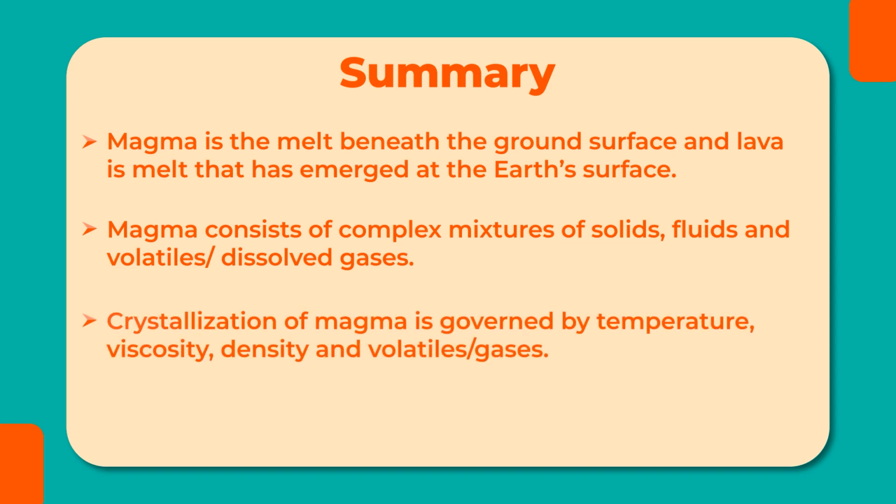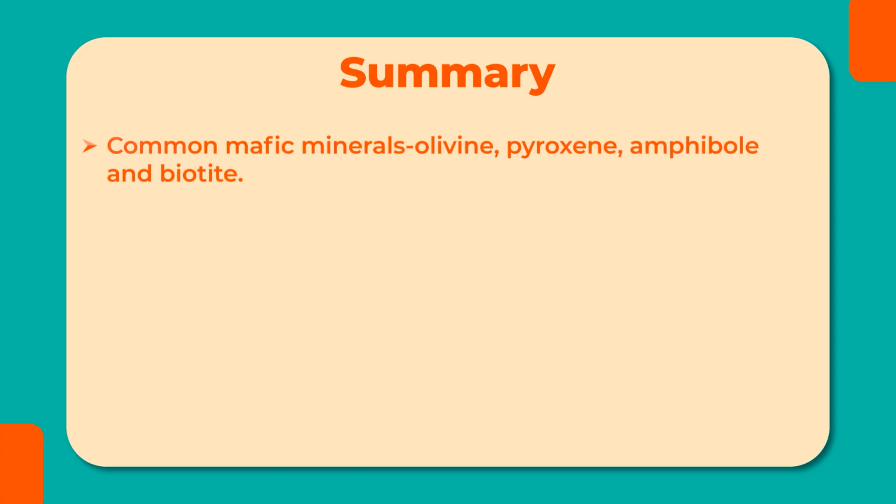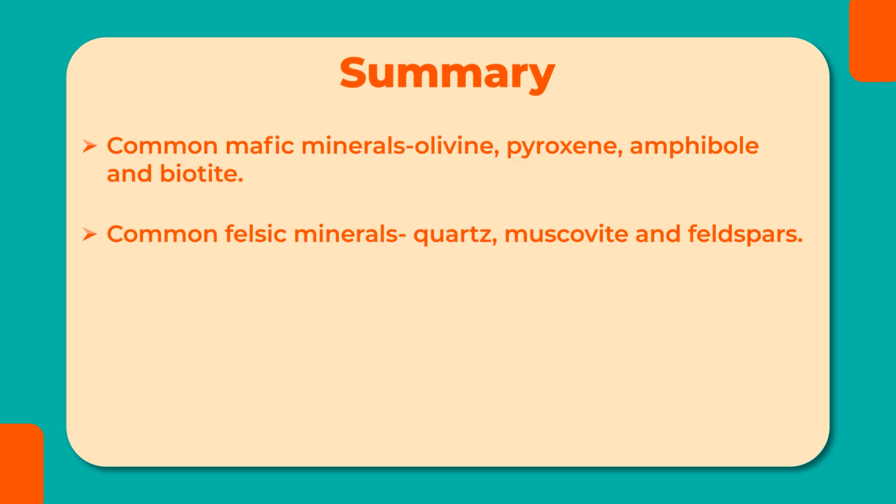Crystallization of the magma is governed by temperature, viscosity, density, volatiles, and gases. Ten elements constitute more than 99% of magma. The common mafic minerals are olivine, pyroxene, amphibole, and biotite. Common felsic minerals are quartz, muscovite, and feldspar.